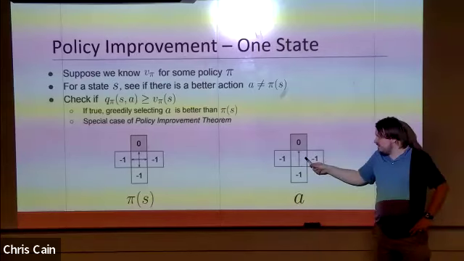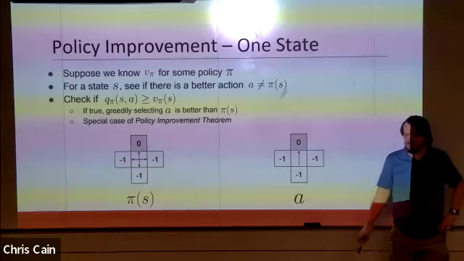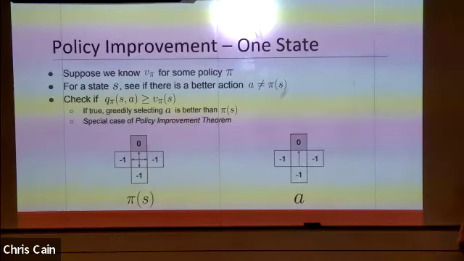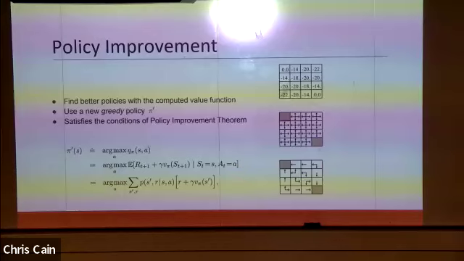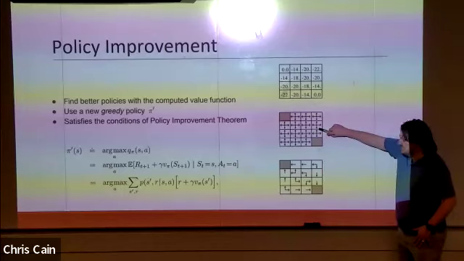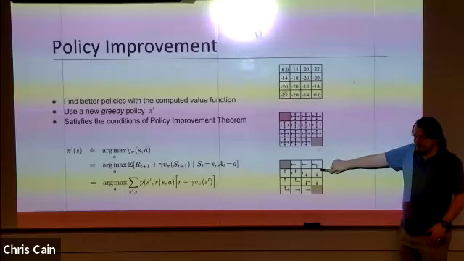And this policy is guaranteed to be an improvement on that policy. It's going to get a better return from every single state than the policy you started with. This allows us to turn something like this, a policy that does this, into a policy that does this.